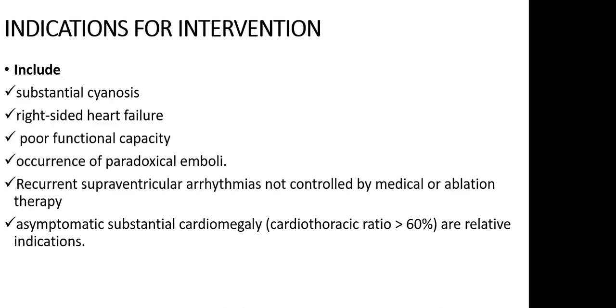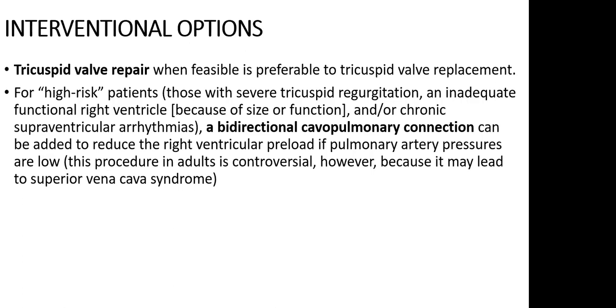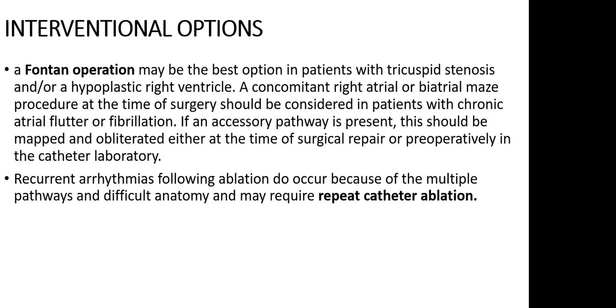This patient will need medical or ablation therapy, and would benefit from a tricuspid valve repair, which would involve a bidirectional procedure. There's also room for catheter ablation, as this patient has been having recurrent arrhythmias.